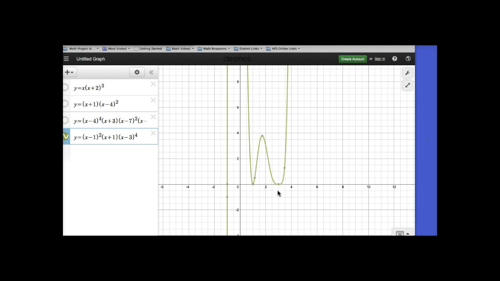So what conclusions can we draw about the multiplicity of a factor and whether it's going to cause the function to cross through that factor at the x-axis or just touch and go up?